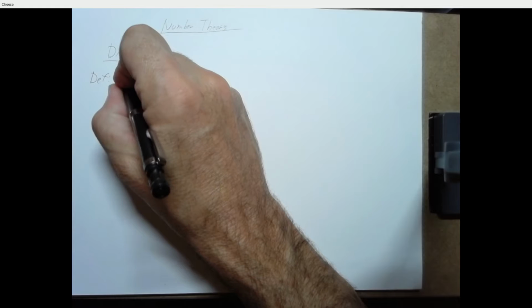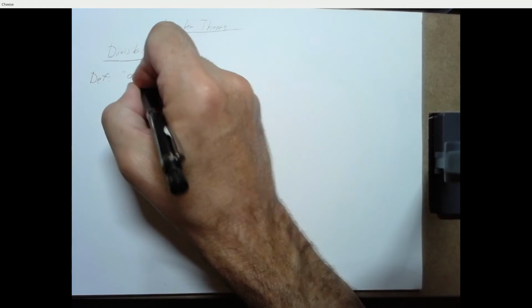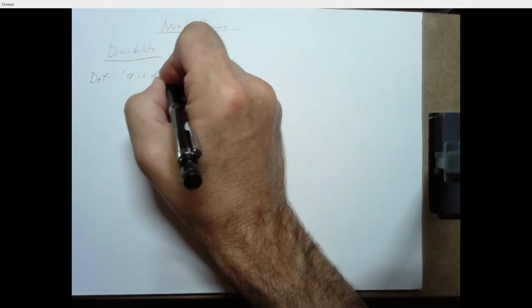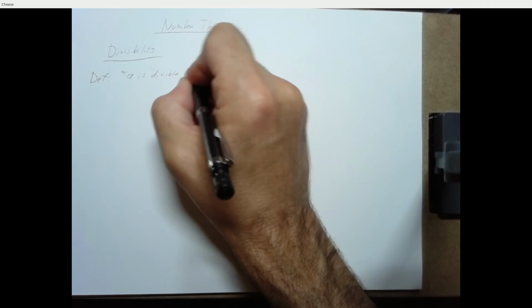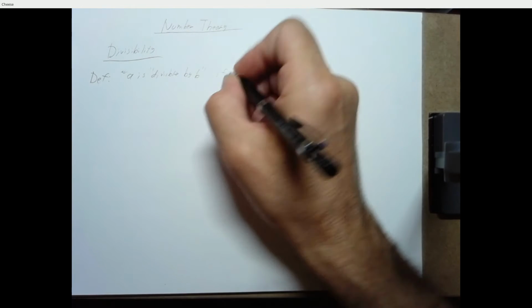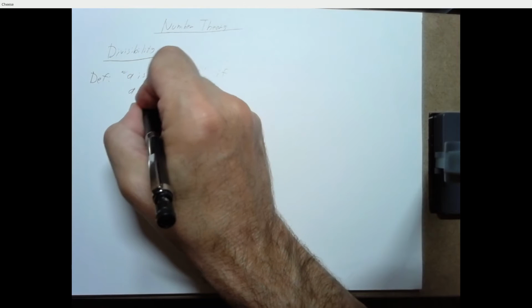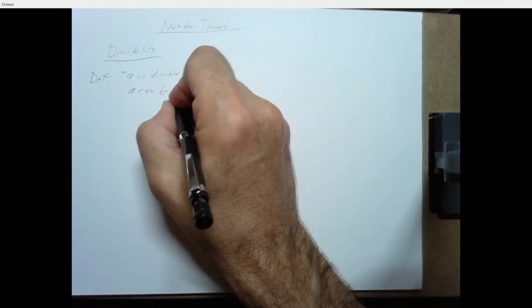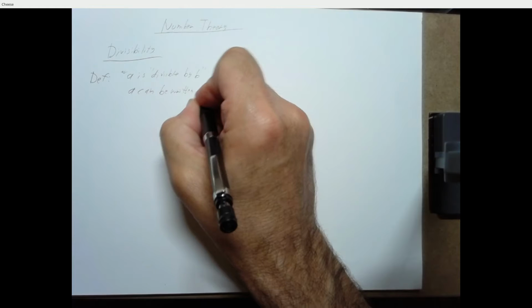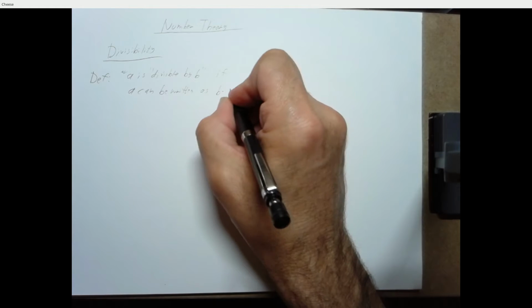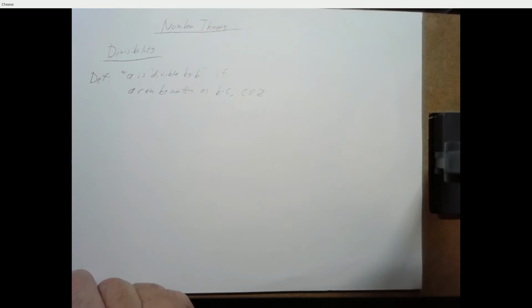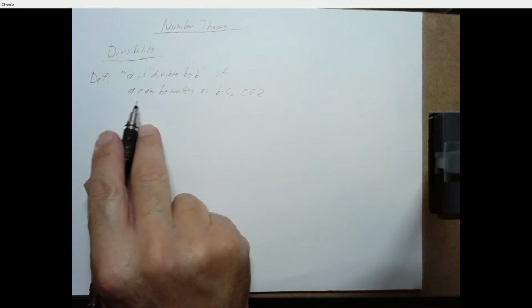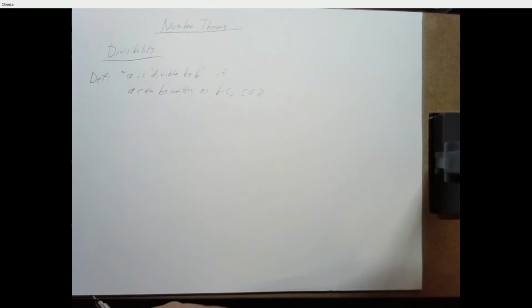So A is divisible by B if A can be written as B times C, where C is an integer. So A is divisible by B if it can be written as B times some other integer.